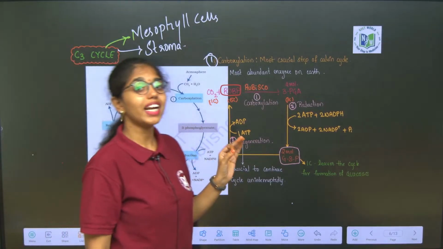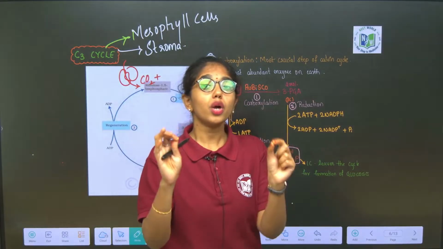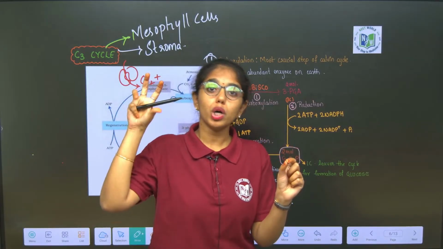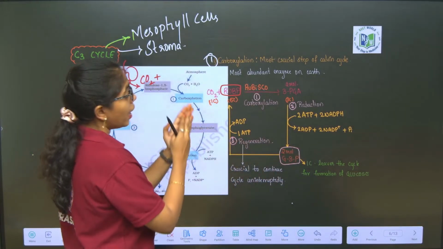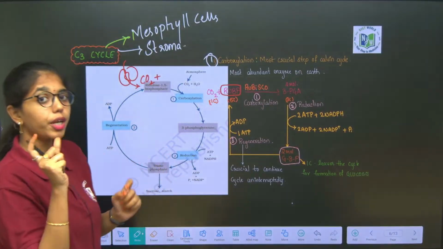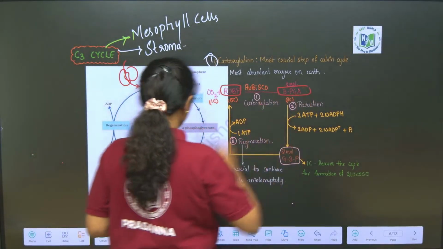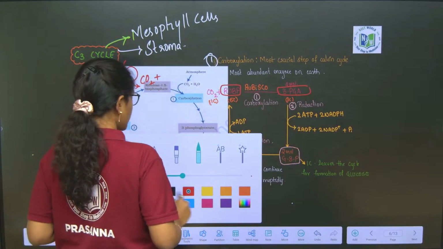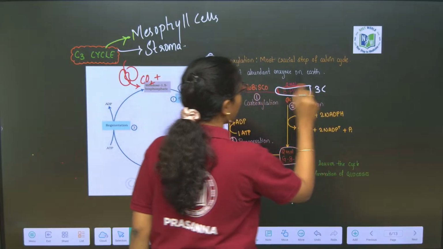Ribulose bisphosphate carboxylase oxygenase. This rubisco has equal potential to bind both with carbon dioxide and with oxygen. After this reaction, the primary product that is formed is 3-phosphoglyceric acid, 2 molecules of it, 3 carbon each.